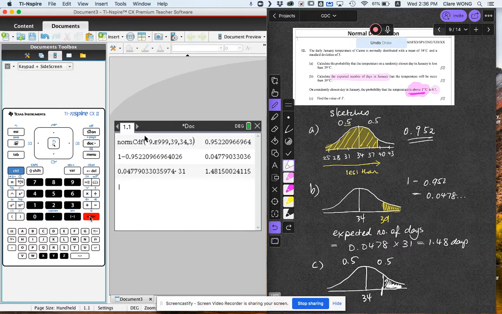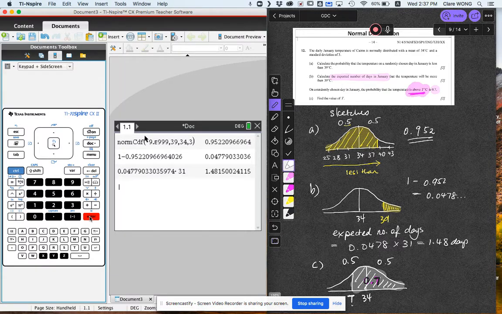So I'm going to clear that bit. It's actually 0.5 plus 0.2 more here. So this area is 0.7. So you need to rely on inversing the normal distribution to find out at what temperature this is going to happen.